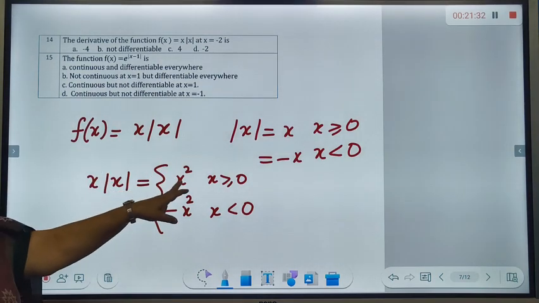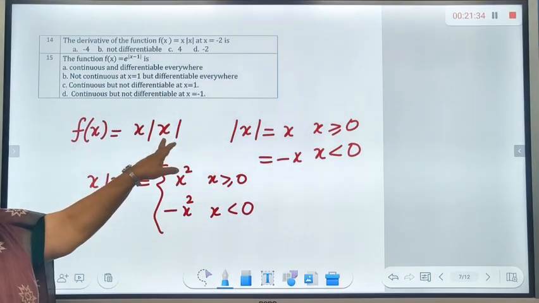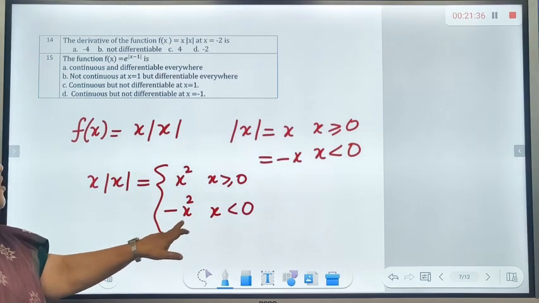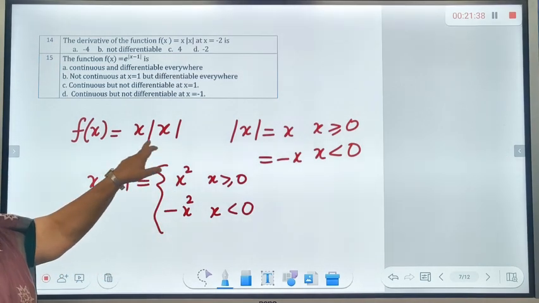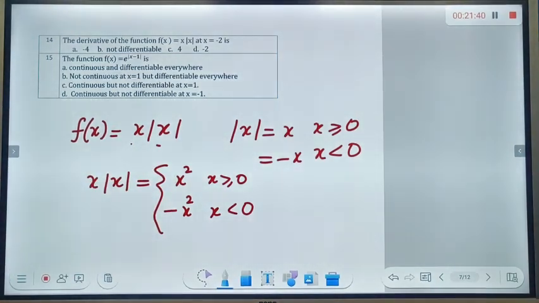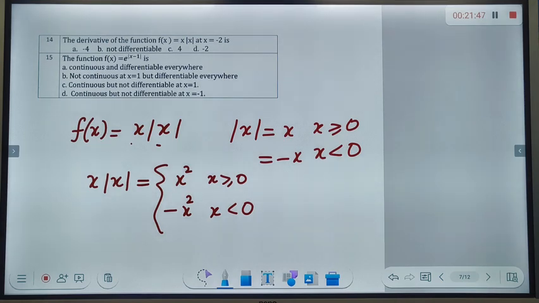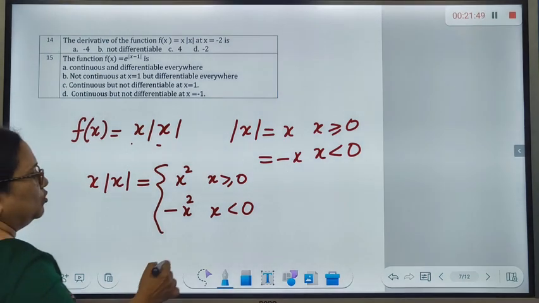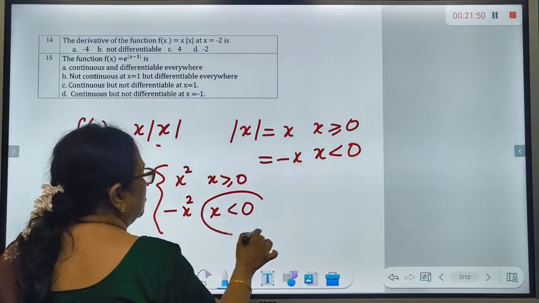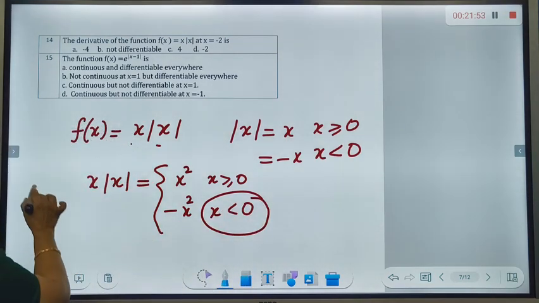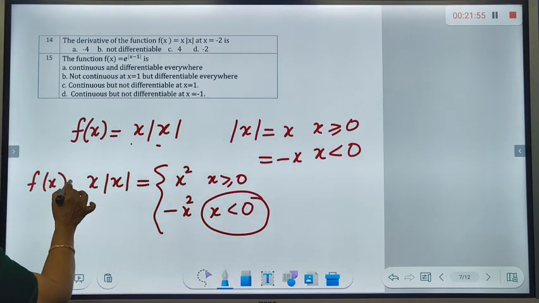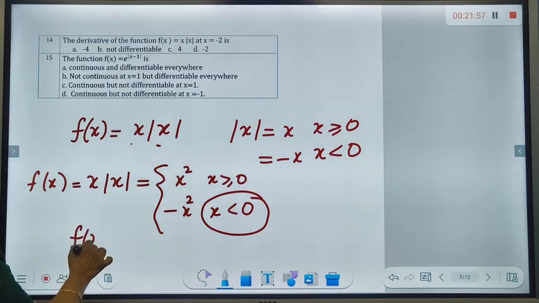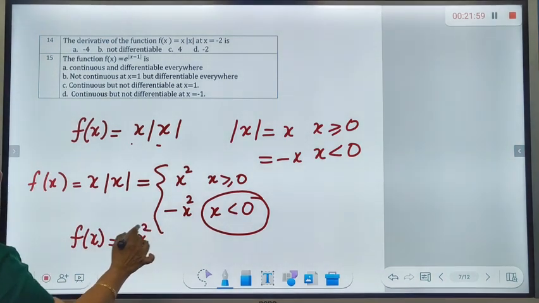x into mod x. So for x positive, mod x is x, so x square. When x is negative, mod x is minus x, so minus x into x is minus x square. Right? Now we want to find the derivative at x equal to minus 2. At x equal to minus 2, what is the function you will use? f of x equal to minus x square.